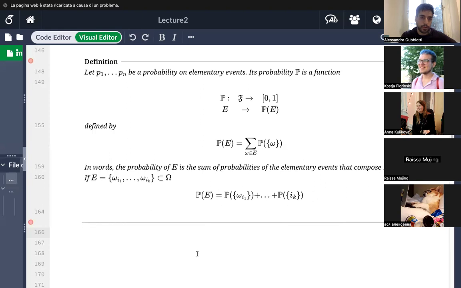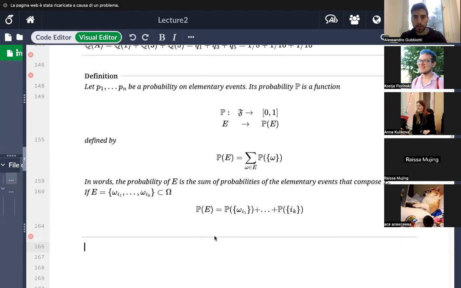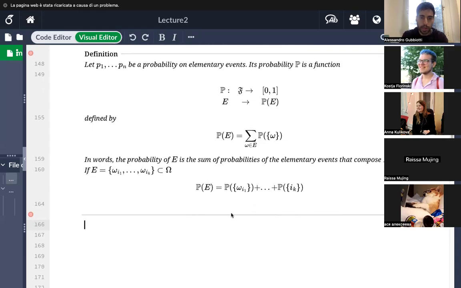So, to get used to the notation, let's make an example.